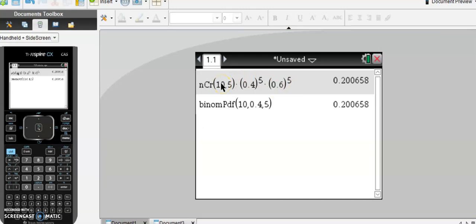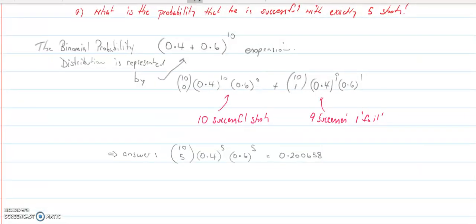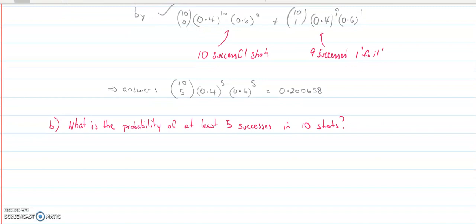Okay, let's go back and answer another question, perhaps a more realistic one. Part B: what is the probability of at least 5 successes in 10 shots?